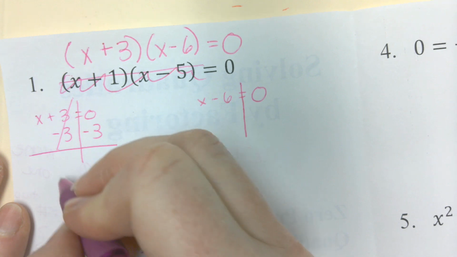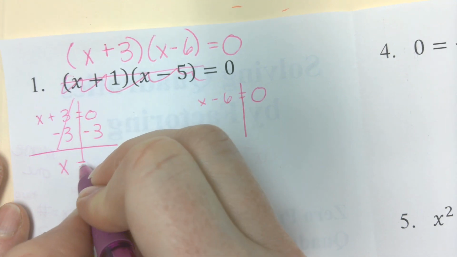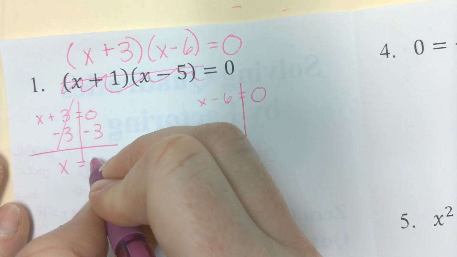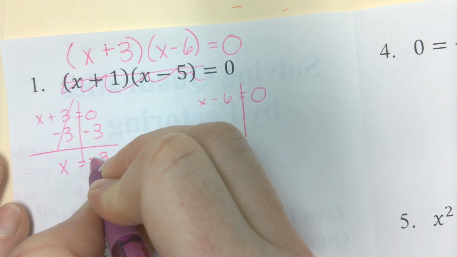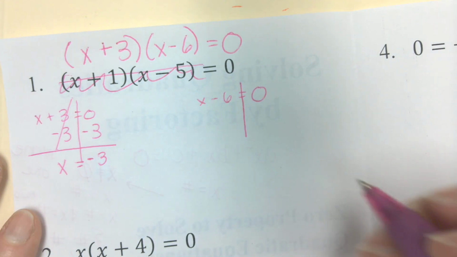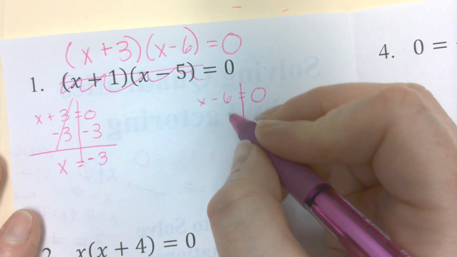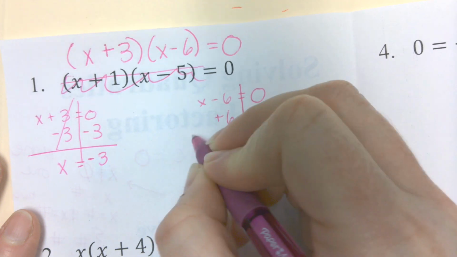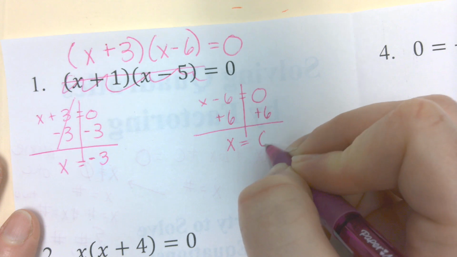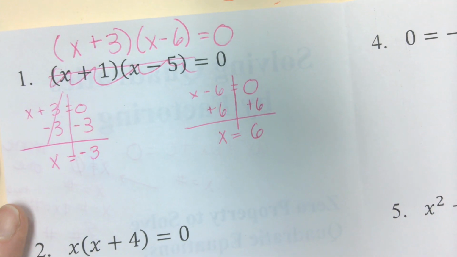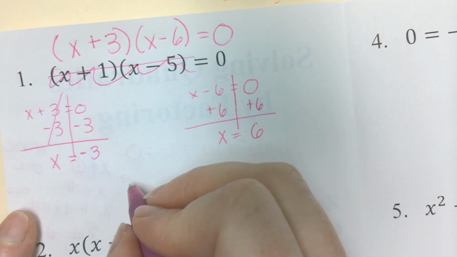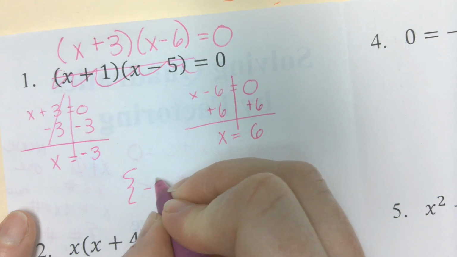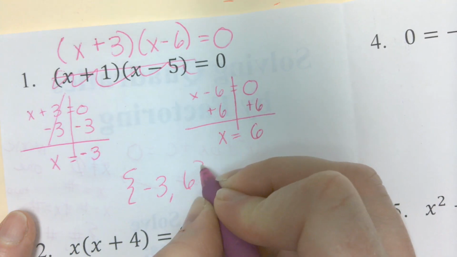These threes cancel. 0 minus 3 is -3. And then this other one, we need to do the opposite of minus 6. Add 6. So our two solutions are -3, 6.